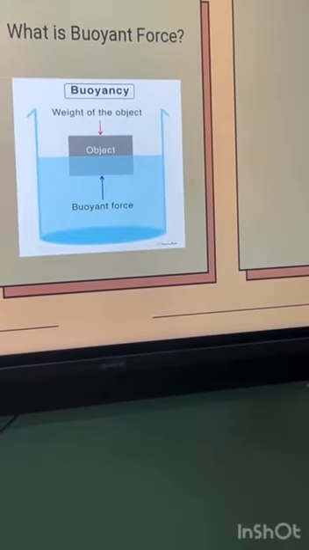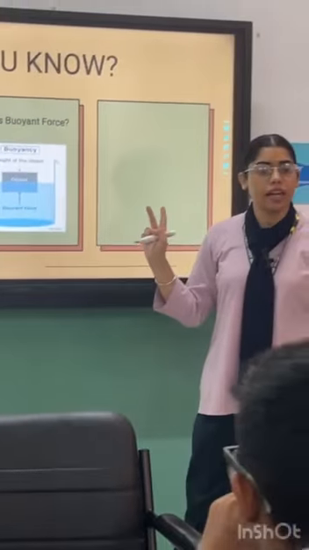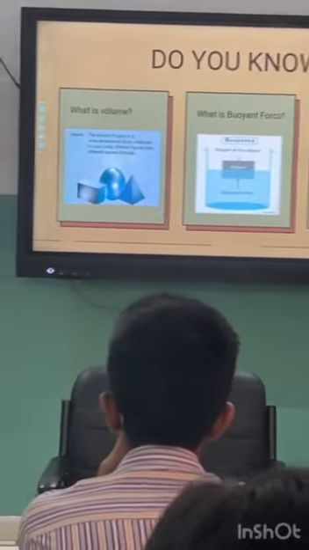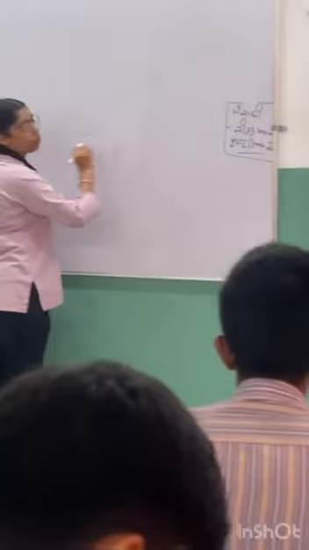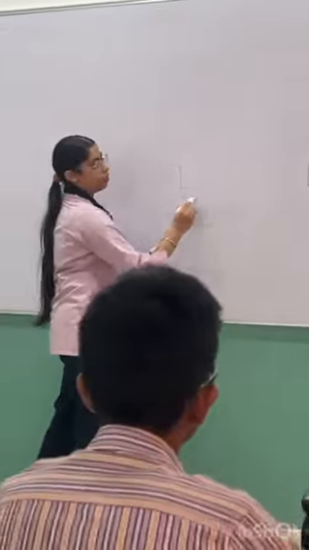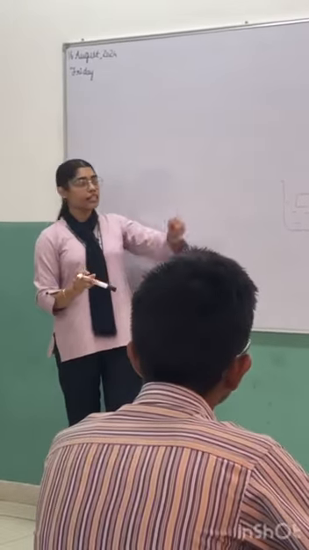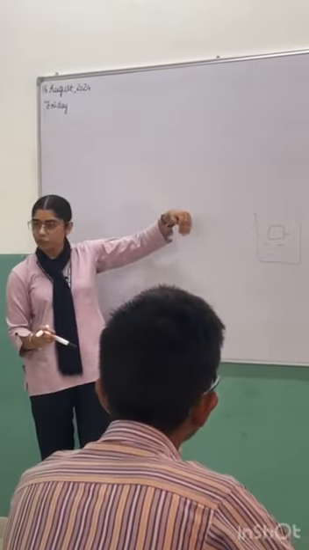Now, we also use one other term for this buoyant force. Upthrust force. So, buoyant force is also known as upthrust force, right? In this case, there are two forces acting. One is weight. When you immerse a solid inside a liquid, this solid will exert a downward force.